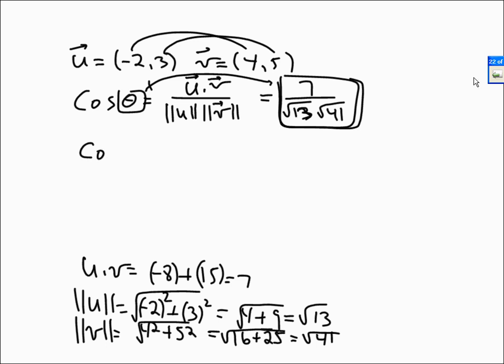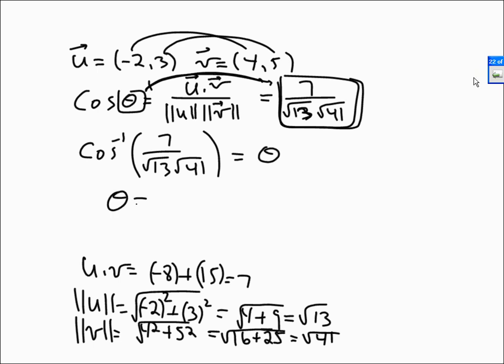So here I have cosine of 7 over the square root of 13 times the square root of 41 equals theta. I just interchanged those two. If there's one price to pay, you have to put the negative 1 up there. That is, theta is, calculate what this is, and then take cosine inverse of that. Theta is the cosine inverse of this.